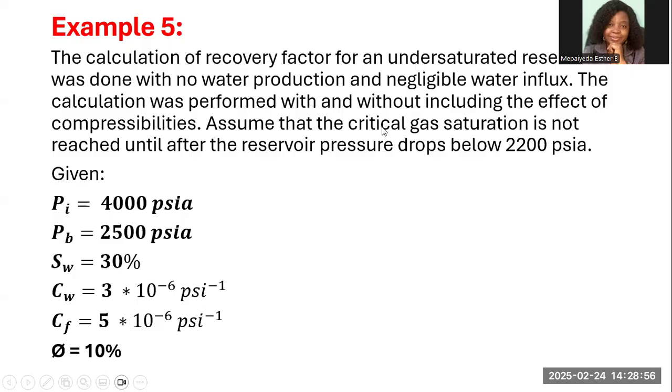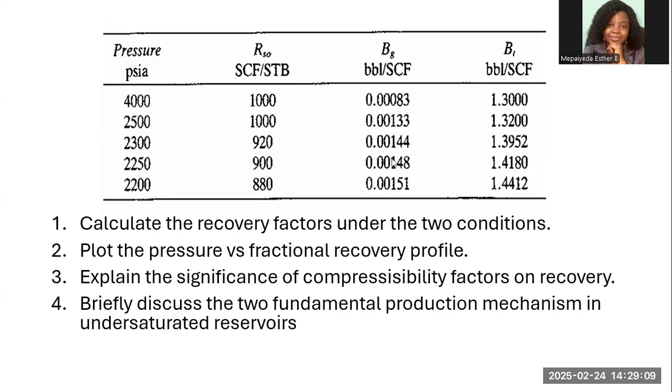Then assume the critical gas saturation is not reached until after the reservoir pressure drops below 2,200 psi. So we are asked to calculate the recovery factors under the two conditions.